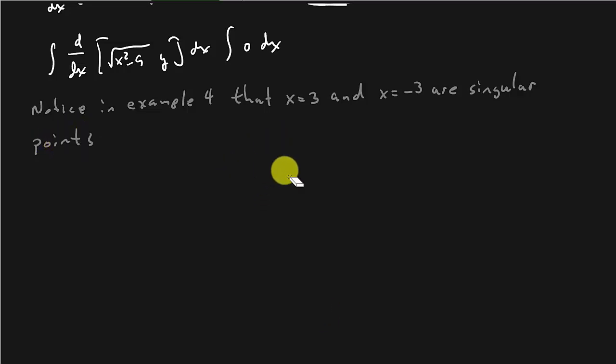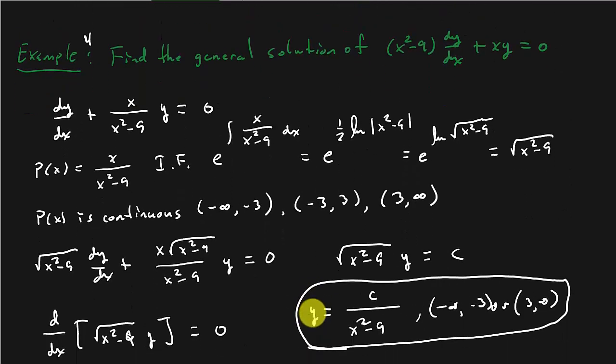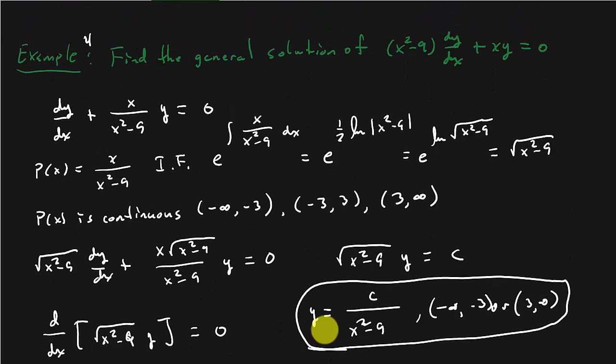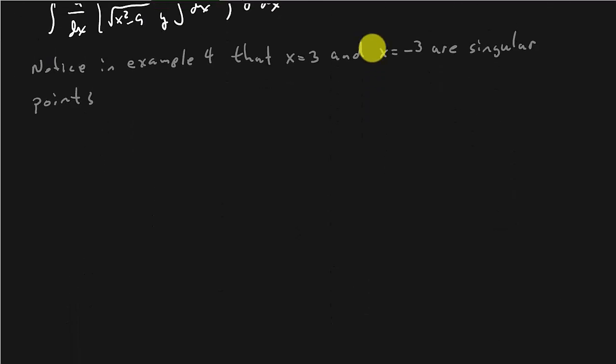All right. They're singular points. See right here, that would be undefined there at 3 and negative 3. You see that? All right. And I talked about singular points in another video. I think it's the video right before this one we talked about them. So you can go check that out.